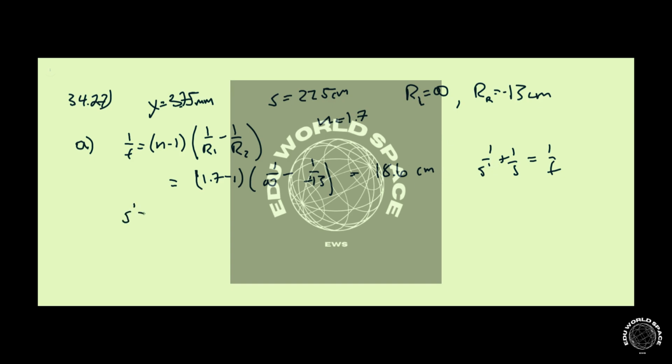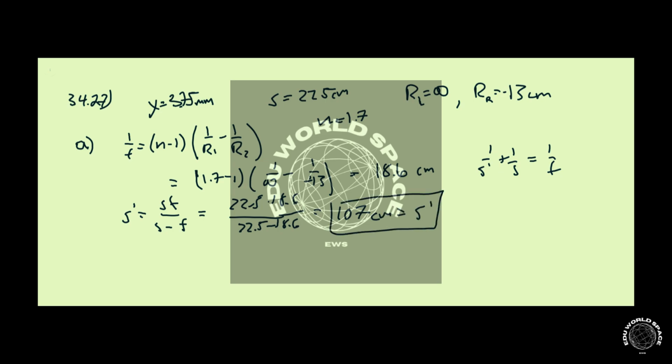Let's rearrange this equation first, and we see that S prime is equal to SF over S minus F. So now we can just plug in this stuff: 22.5 times 18.6 all over 22.5 minus 18.6. And this comes out to being 107 centimeters, our image distance.